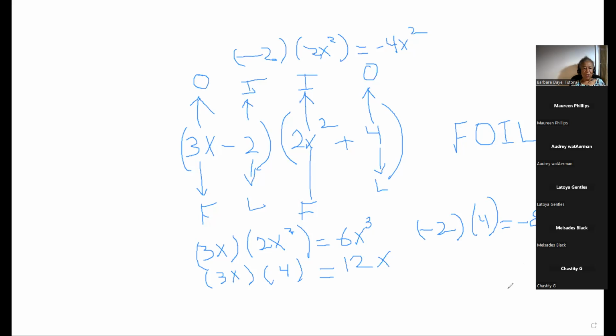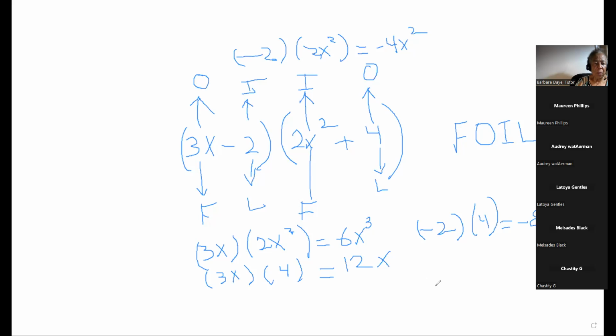Okay, now you've got everything here. Now, somebody tell me how to write this as a polynomial in standard form. What will go first? Latoya, are you there? Okay, Audrey, what will go first?